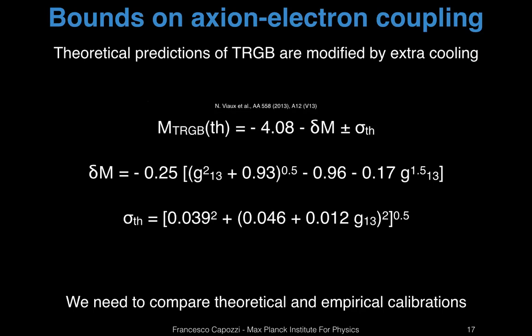And so you can see this delta M is basically this shift introduced, this shift in terms of luminosity or magnitude of the tip of the red giant.